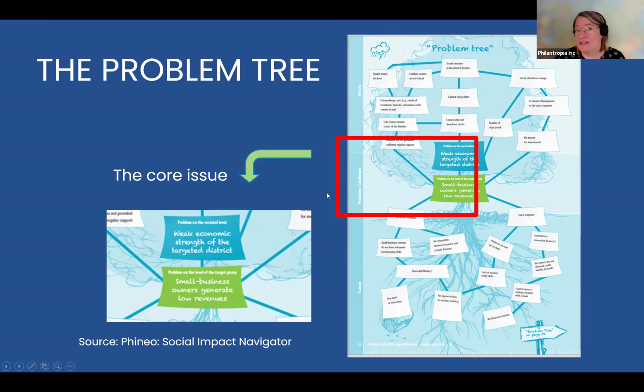If you have a discussion later with your team or in your next meeting, about what the core issue is that you want to solve, it's sometimes not that easy, because you can go on different levels, but it is important for an organization that everybody's on the same page. There's no right or wrong here. You just need to agree what the core issue is that you want to attack and solve.